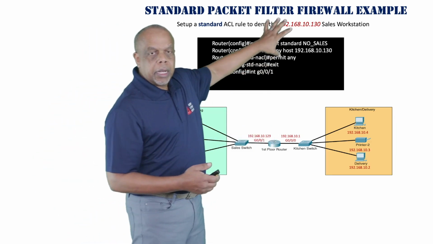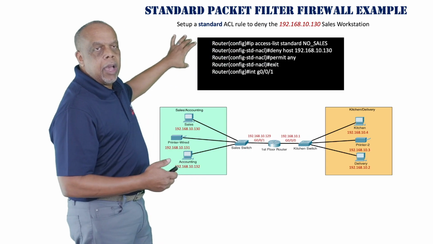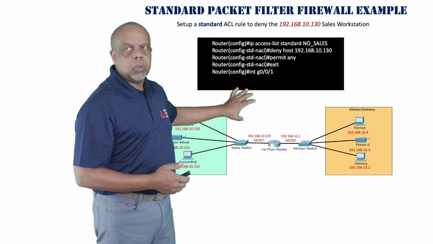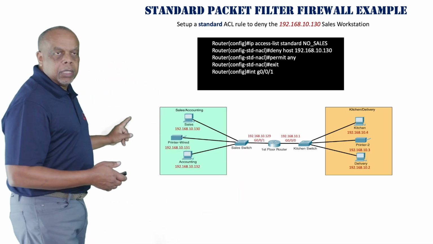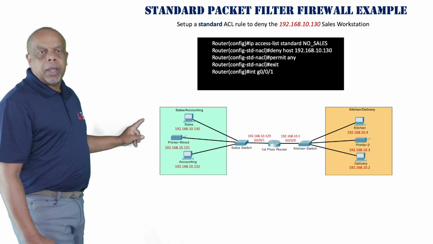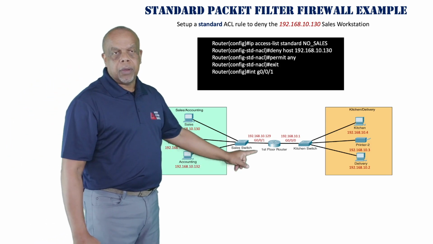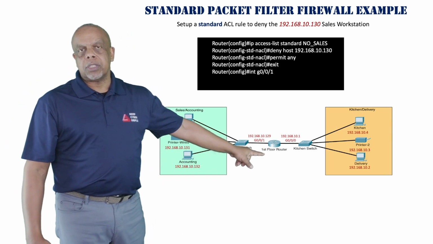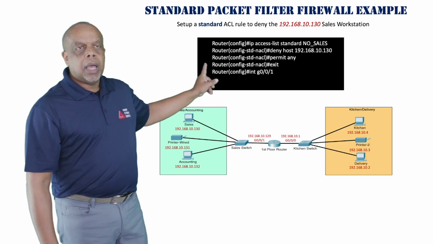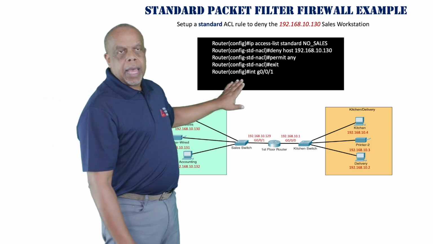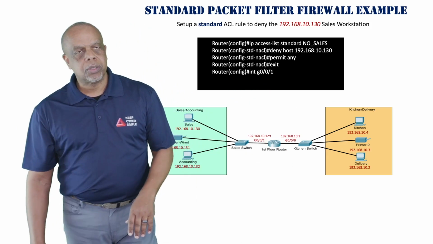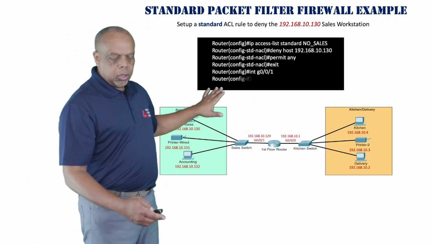So I've built the rule, right? I built the ACL. Now I've got to apply that ACL to the interface on the router. So this sales computer is on interface of the router, gigabit 0/0/1. So now I'm going to go into that interface, int g0/0/1. That gets me into that interface.